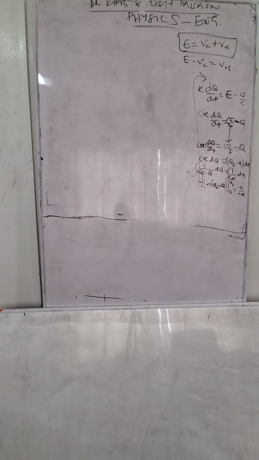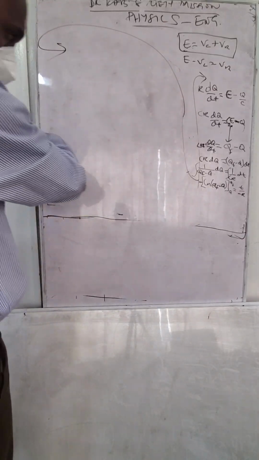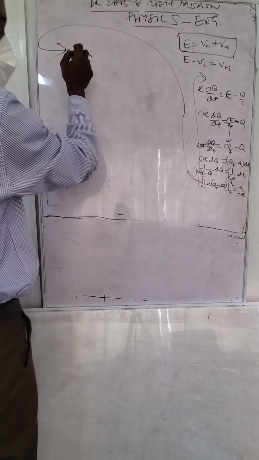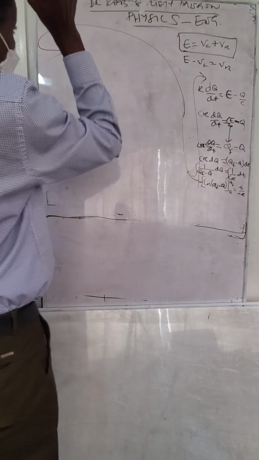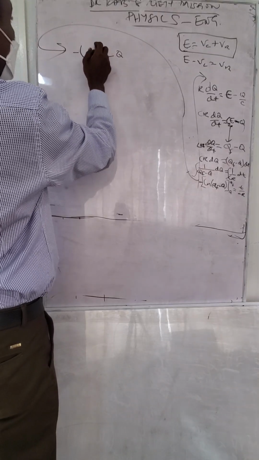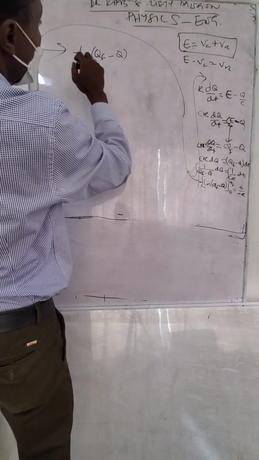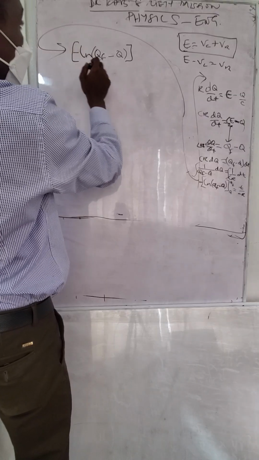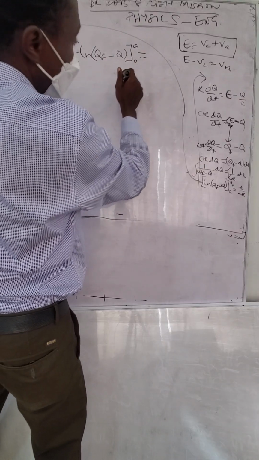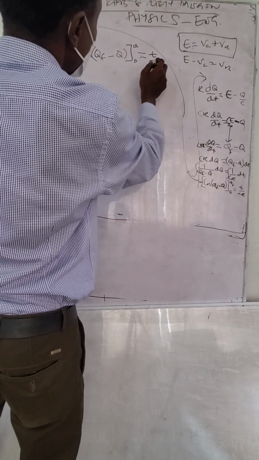So this is the expression we have there. From here, this is what we have. We're going to have a negative sign, Q final minus Q. As we have said, this is what we're going to be integrating, putting the values from 0 to the final Q, and this is equal to T. This becomes T over CR.